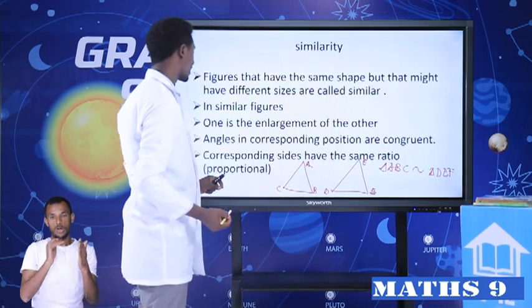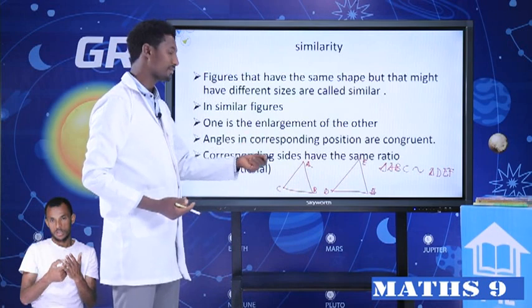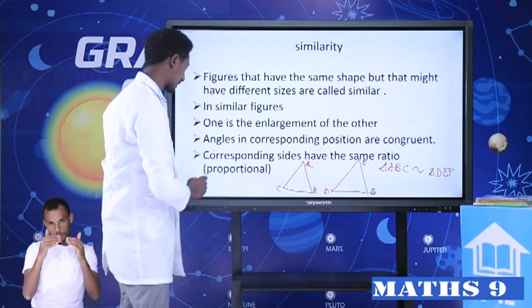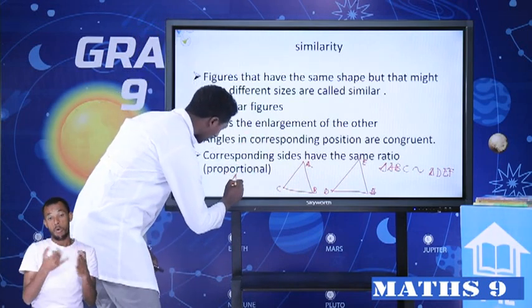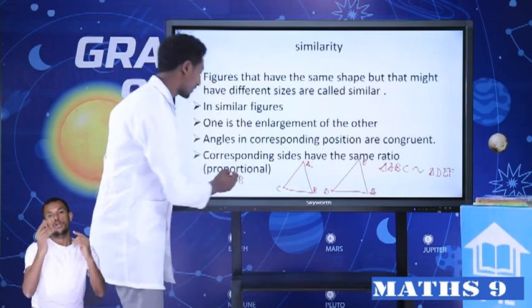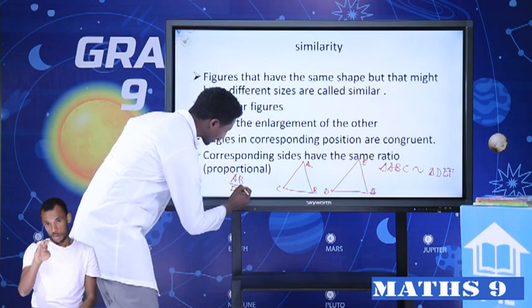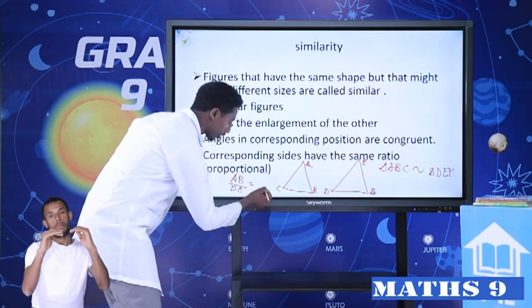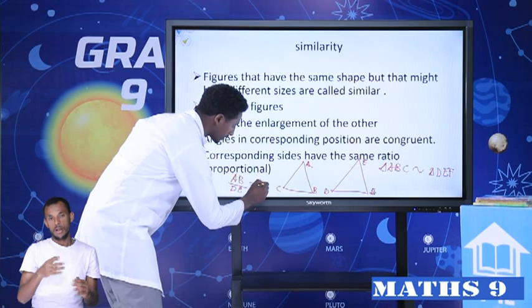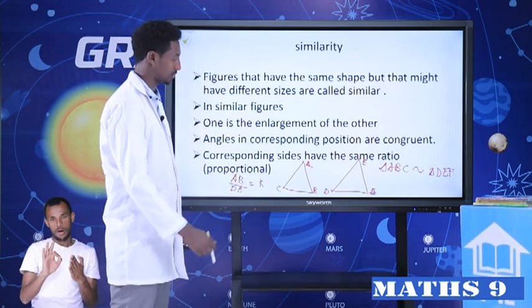What does it mean? The corresponding sides have the same ratio, or are proportional. That is, side AB is proportional to DE. Let the ratio of these be K, or any real number. This K is always a number greater than 0.